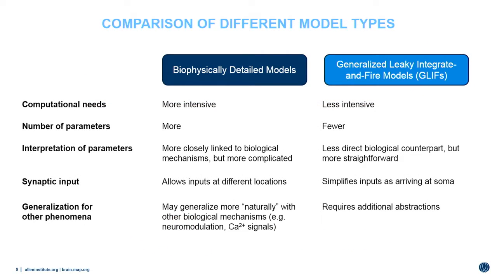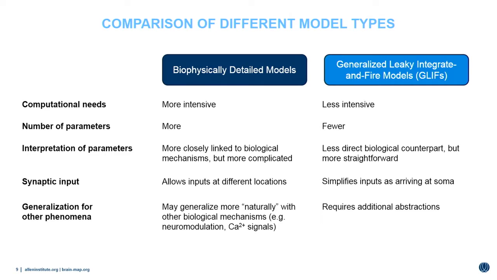And there's basically benefits and drawbacks to using any types of models. So the biophysically detailed models are much more computationally intensive. They have more parameters. But the benefit is that these parameters are linked directly to biological mechanisms, where that's not necessarily the case with glyph neurons.